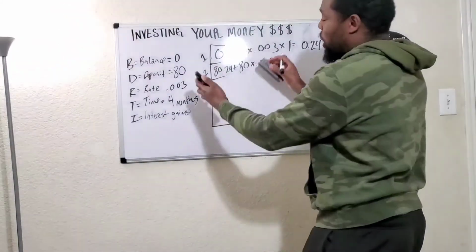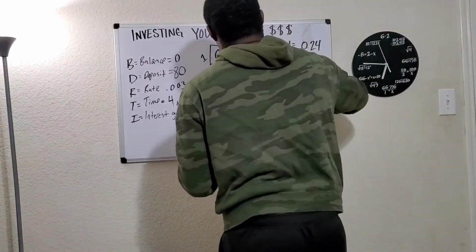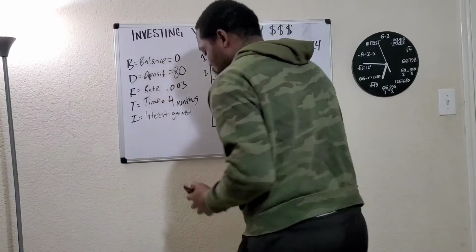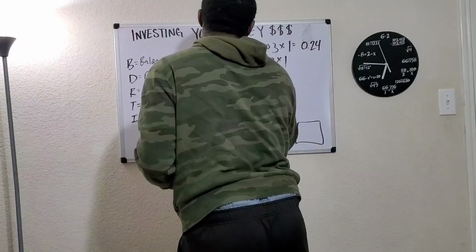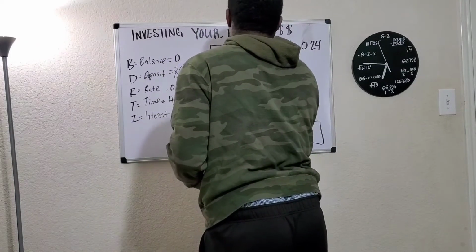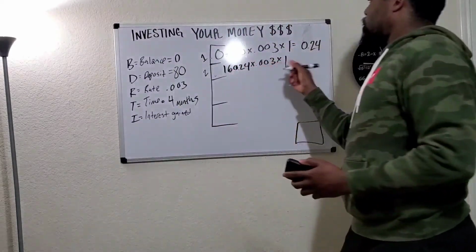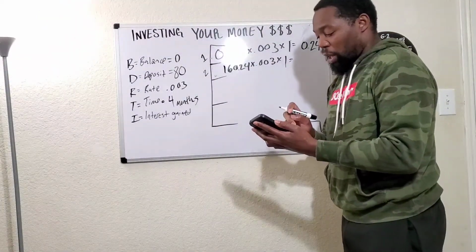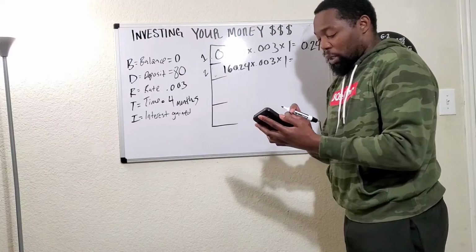It looks better to me when I have my numbers already done with addition and subtraction already done. So this is actually $160.24. Right? Now we're going to go ahead and multiply these up, and when you do that, just go ahead and put this in.